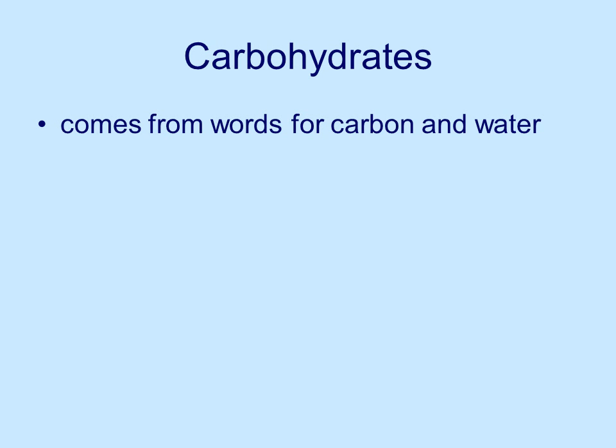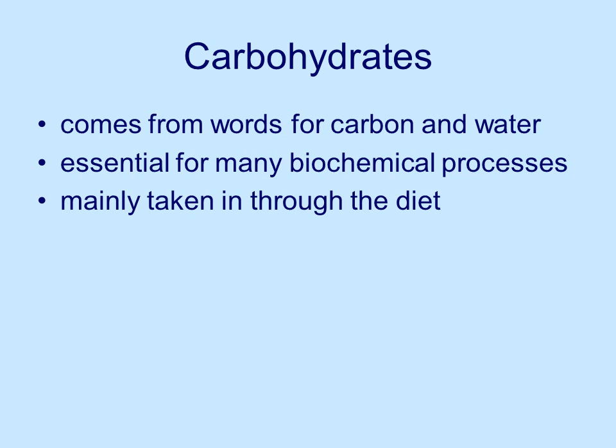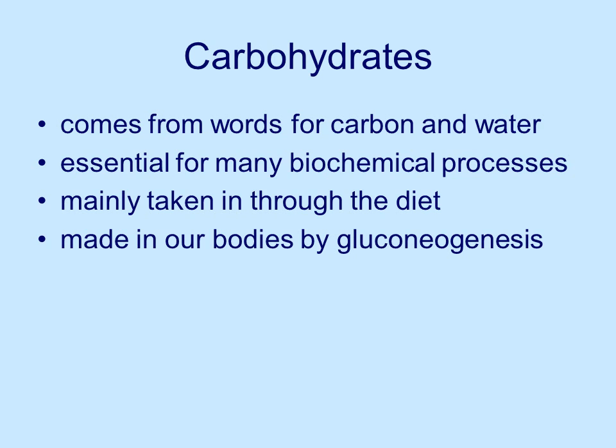Carbohydrates comes from the words for carbon and water, and you look at the structure of the carbohydrates and you can see that. They're essential for many biochemical processes. Carbohydrates primarily are taken in through the diet and the body uses them. They're made in our bodies by a process called gluconeogenesis. Gluco for glucose, neo new, and genesis formation.